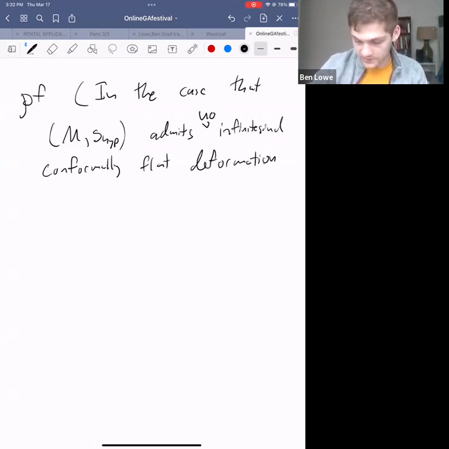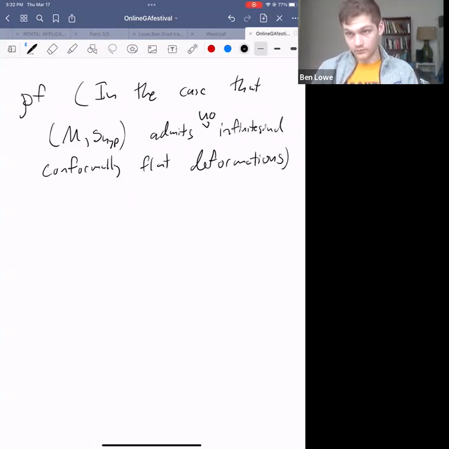There are examples of closed hyperbolic manifolds that satisfy this condition. I would imagine that a random closed hyperbolic three manifold, say like the Dunfield-Thurston model, would satisfy this condition, although I haven't checked that. It'd be interesting to check, I think.